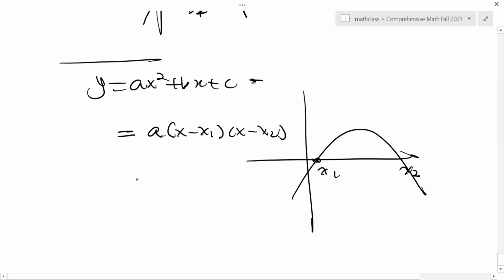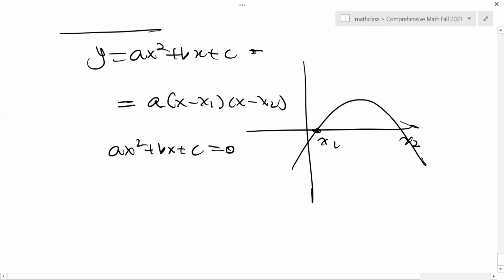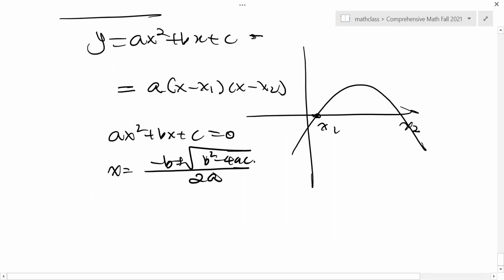So how do you find x1 and x2? You just solve the equation, and you can solve this equation using the quadratic formula. So you can always find it, and you get x1 and x2 depending on the choice of plus or minus. Now then you have a question.